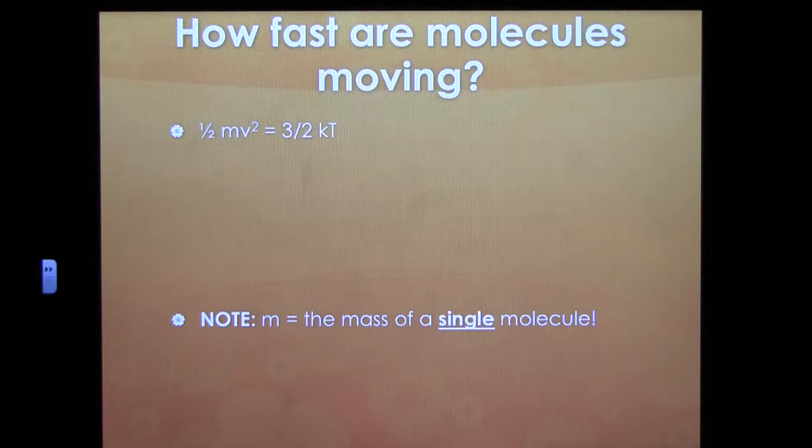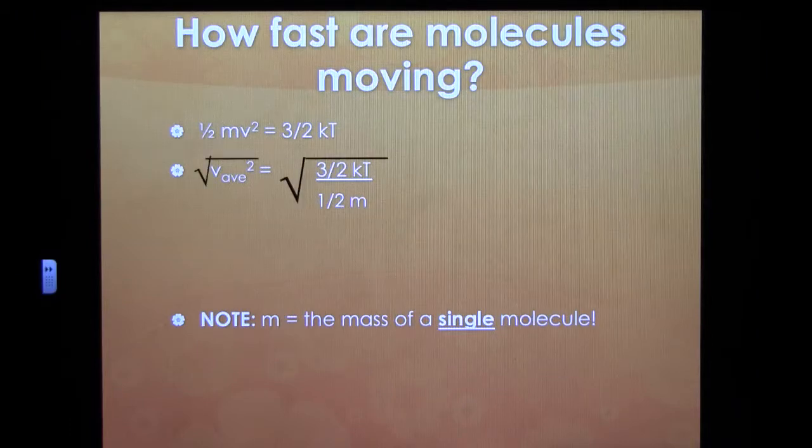Now rearrange this equation to solve for v average. We divide both sides by 1/2 m, so we get v average squared is equal to 3/2 kT over 1/2 m. Now to get v average by itself, we have to take the square root of both sides, and notice when we take the square root of a squared term, they cancel each other out.